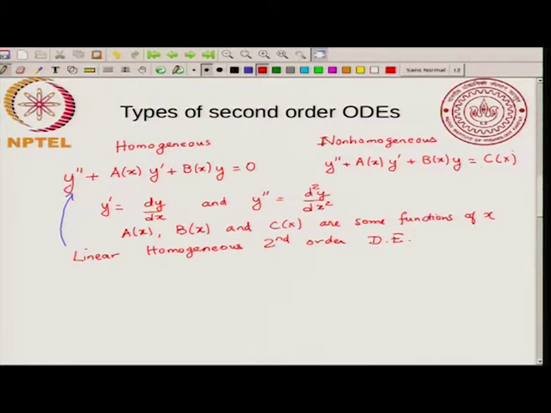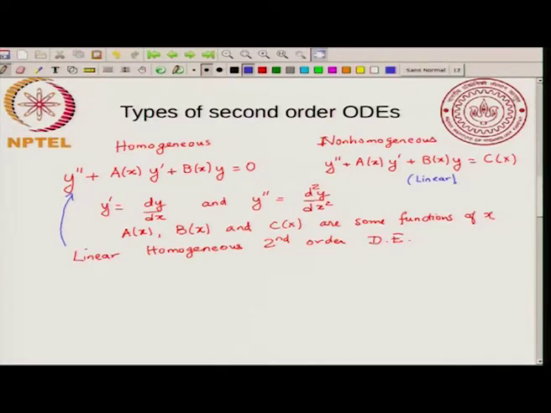extra term, which I have written as c of x. Now here again this is also linear, because the power of y in each term is 1 or 0. The maximum power of y is 1. So, this is also linear, but this is non-homogeneous.